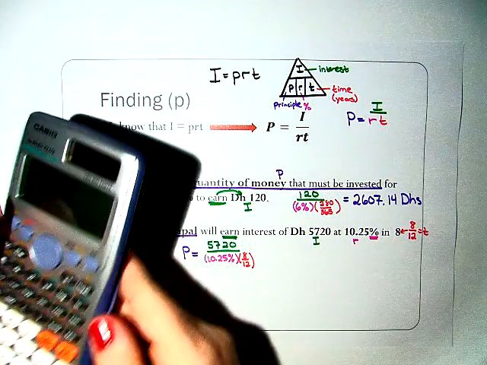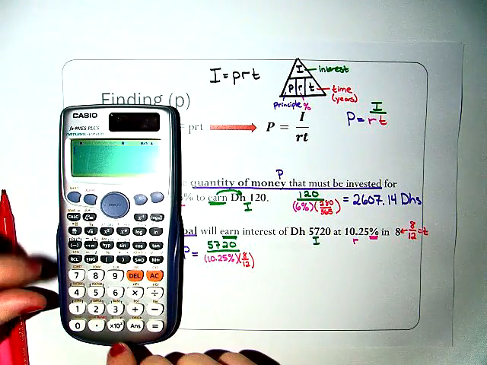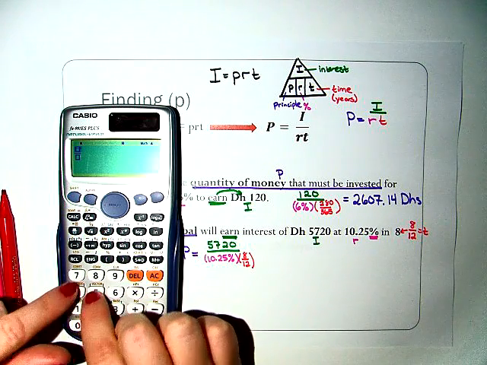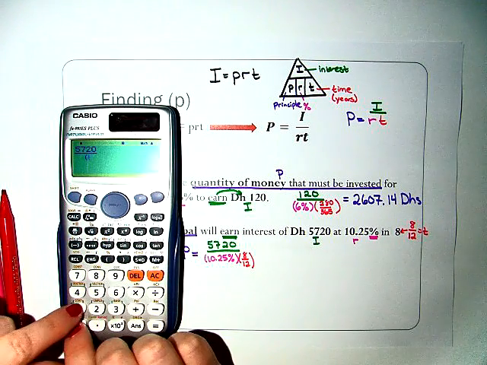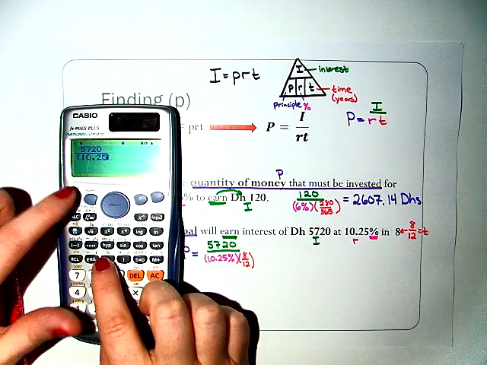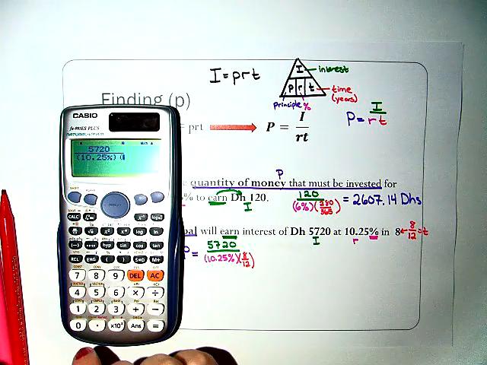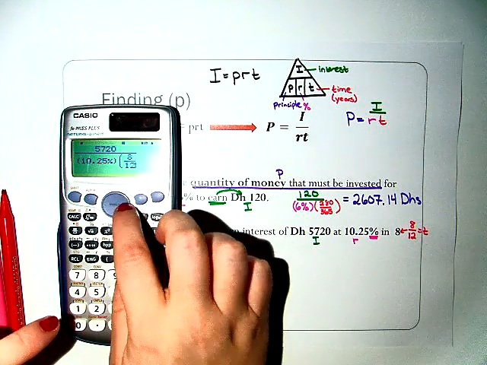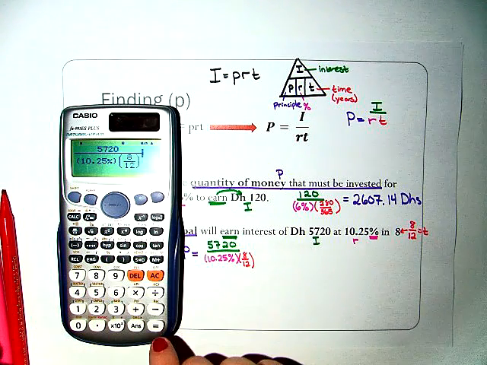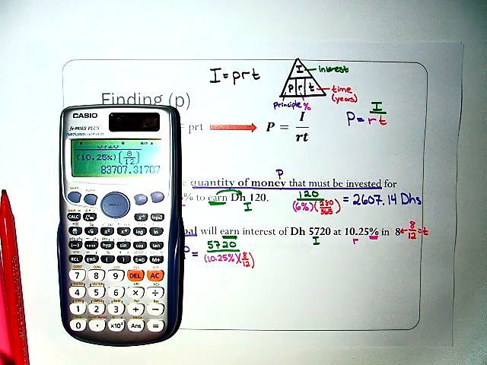So we're going to put that in our calculator just as we see it. 5,720 over, open parentheses, 10.25% sign, and then another fraction, 8 over 12. Move the cursor over, close parentheses, and hit equals.